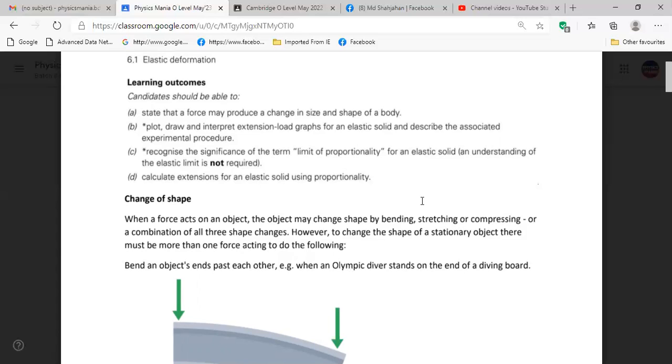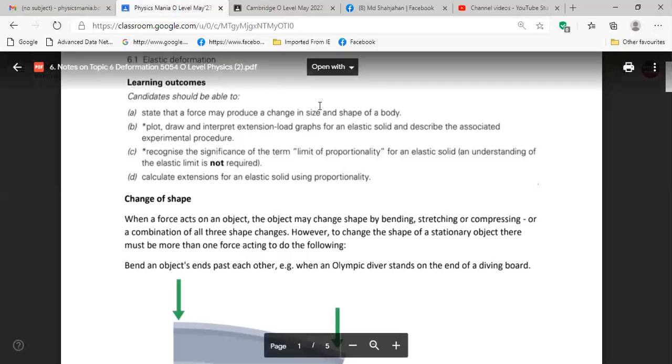Is it clear? If the volume is the same but the structure is changed, that time we say shape change. But if we say size change, that means the volume is changed. We are going to discuss the details here: what is change in volume, what is change in shape.